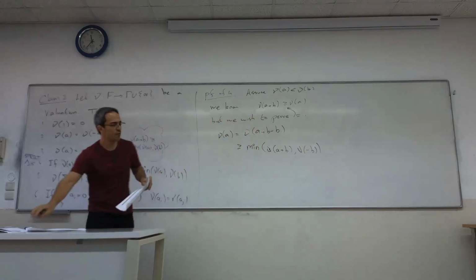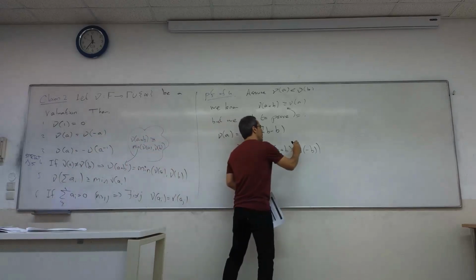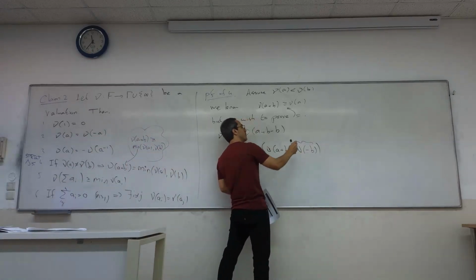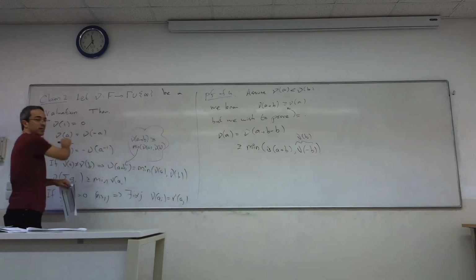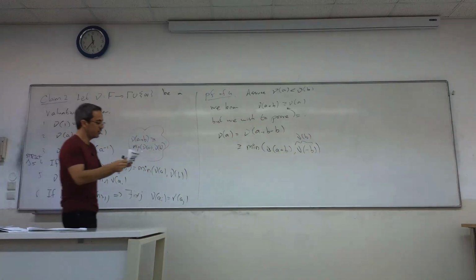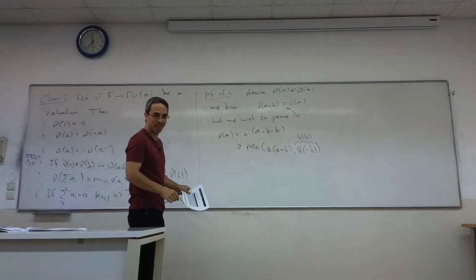Right? And of course, what is this compared to V of B? V of B, right? No minuses or something. Good.